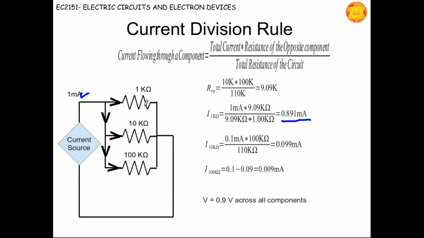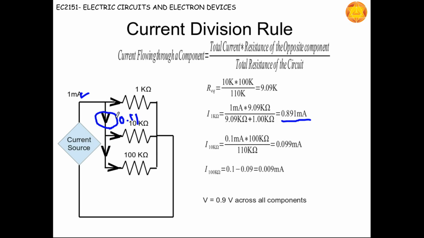So the amount of current flowing through this path will be 0.11. Can you understand why? Because 0.891 is already flowing through this area, so only 0.1 milliamps of current will be coming through this branch.